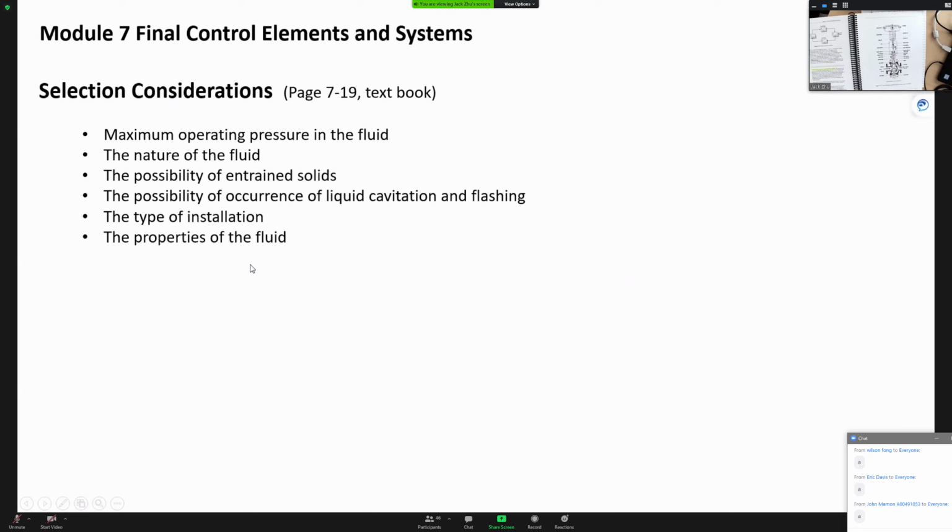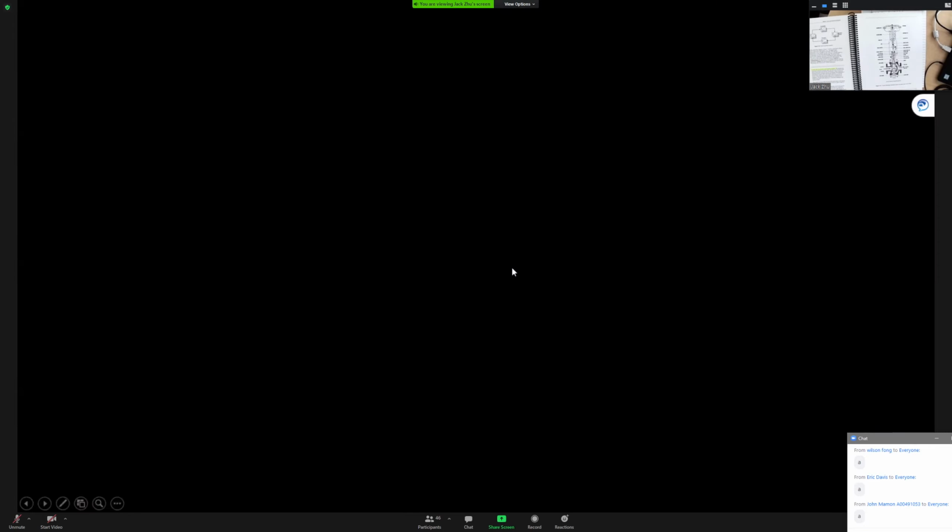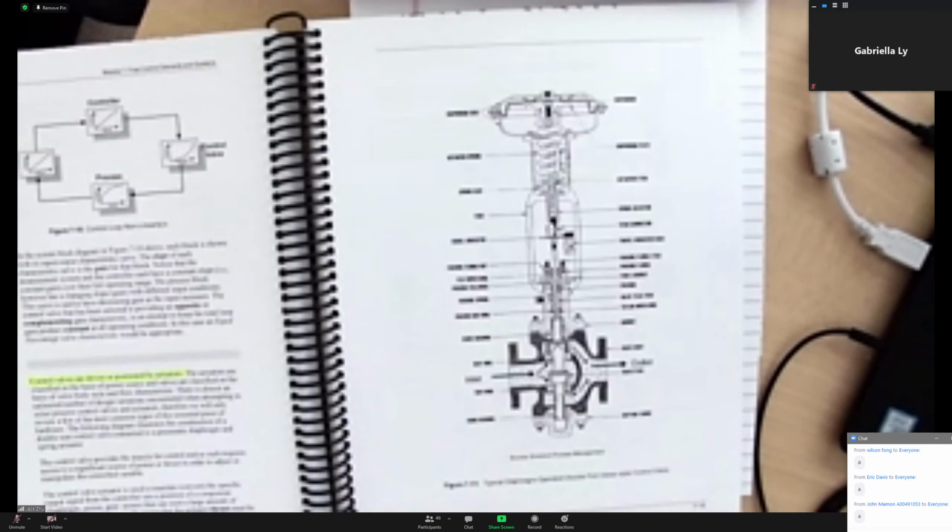Selection consideration. For us as an electrician, as long as you know those safety things, that should be good enough. Okay, so that's all for this one.